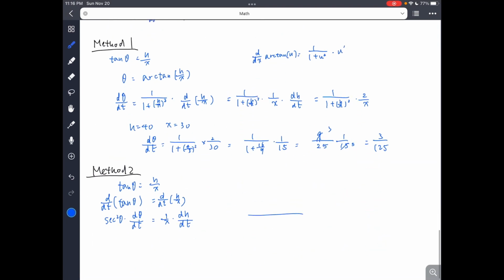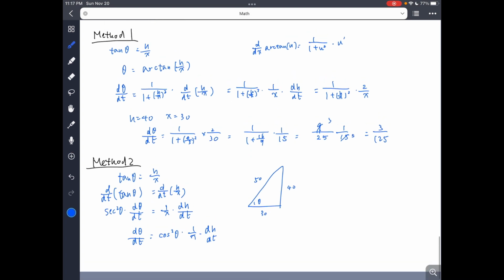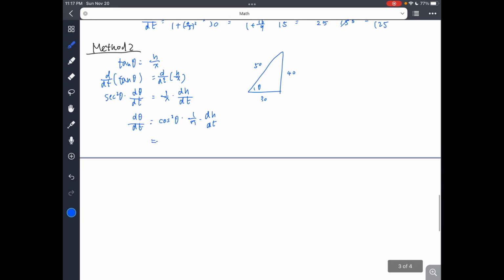So once again, we construct our triangle, not drawn to scale. Let's change it to scale: 30, 40, 50. If we move secant squared, this is 1 over cosine squared, so we will have cosine squared times 1 over x times dh over dt, and cosine theta is just 3 over 5, which is 30 over 50.